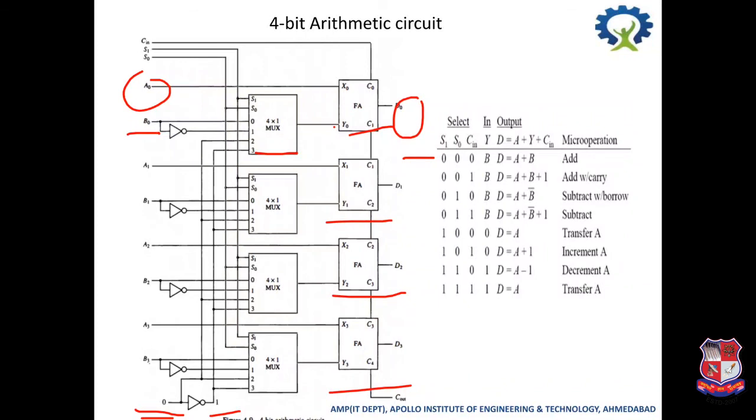And whenever carry input is 1, our output is D equals A minus 1 plus 1, meaning minus 1 plus 1 cancel, so D is equal to A. The transfer A operation will be performed. So in this way all the arithmetic operations are performed in this combined arithmetic circuit. Thank you.